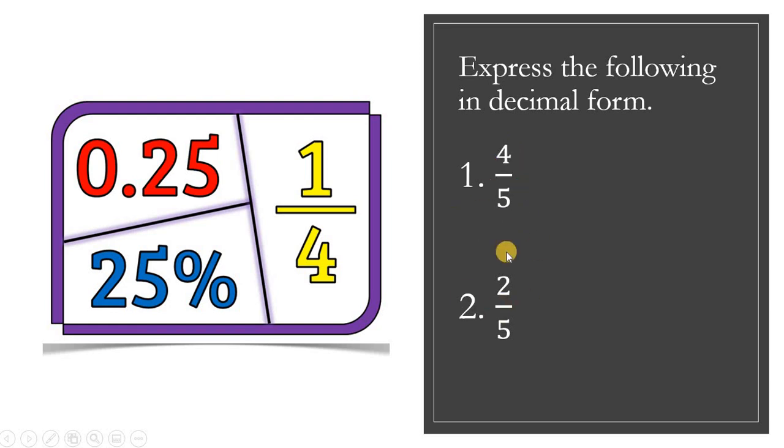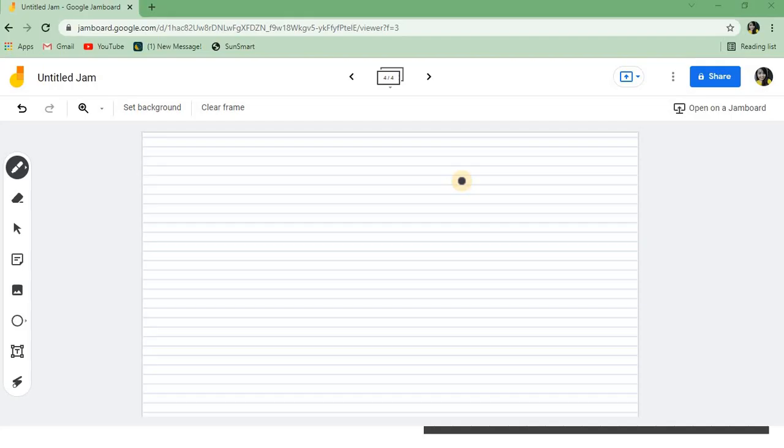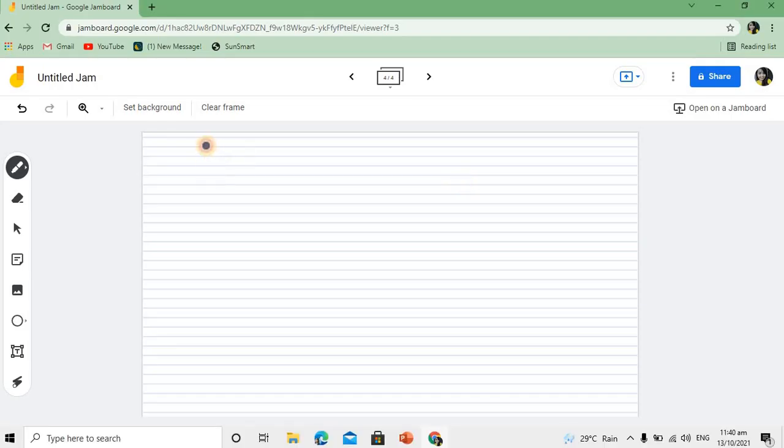So, we have here two examples. Now, ipapakita ko sa inyo paano siya gawin. For number 1, 4 over 5. So, paano natin siya i-divide? Ang mangyayari, yung ating dividend, siya yung nasa loob, diba? And then, the divisor, yun yung nasa labas ng division symbol or sign.